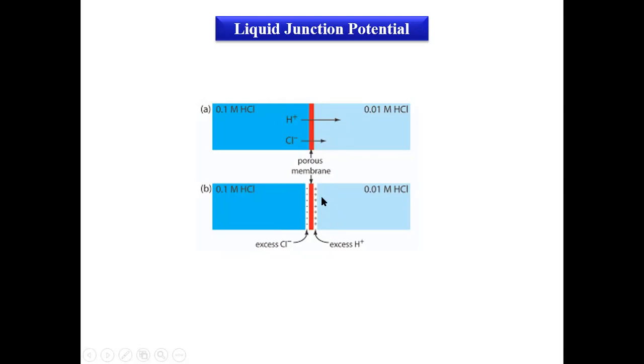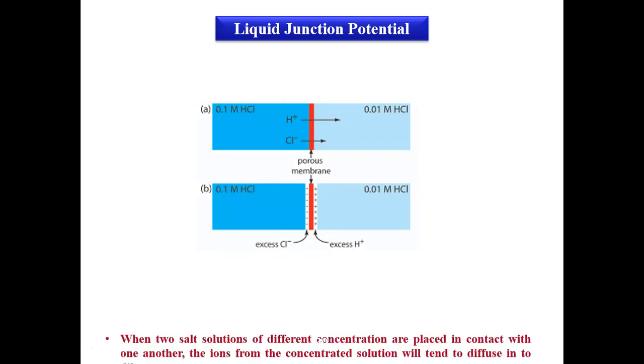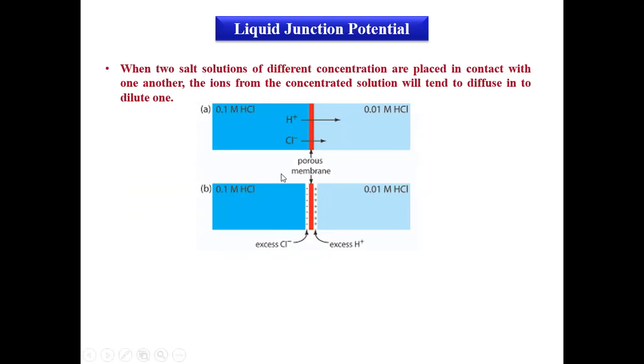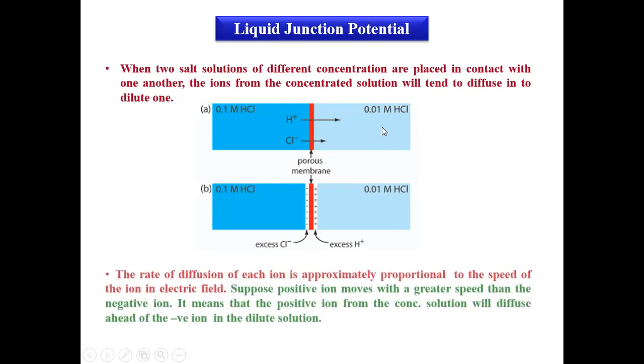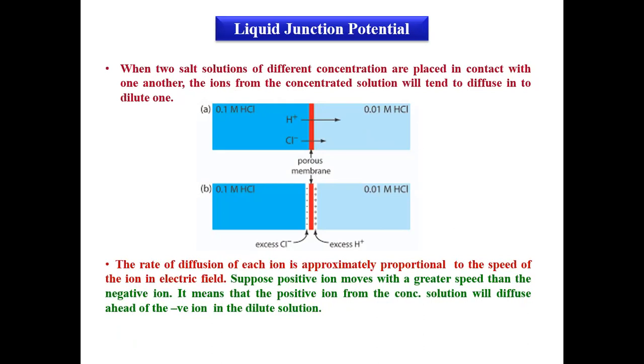So because of this migration of ions through this porous membrane, once these two solutions, which differ in concentration, are in direct contact, ions tend to diffuse from the concentrated solution to the dilute solution as shown here. And ultimately one of the ions has a higher ionic mobility, and hence that carries some charge to the dilute part. Hence, this becomes positively charged here and negatively charged here in the higher concentration side of the HCl.